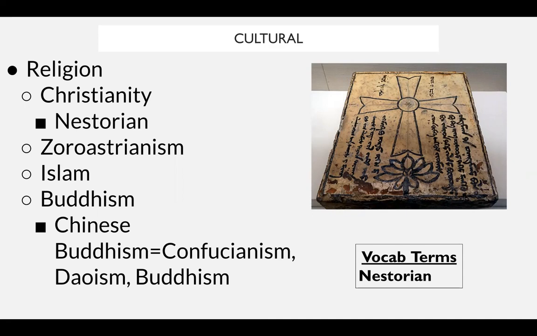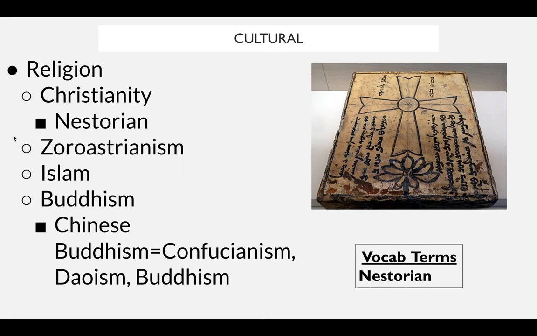Nestorian Christianity essentially blends together Central Asian, i.e., Mongolian, influences with Christian symbols and Christian ideas. And you can see an example of this syncretism right here. I believe this is a tombstone, and it's written in Mongolian or Uyghur script. So Nestorian Christianity is an example of the result of Christian diffusion.